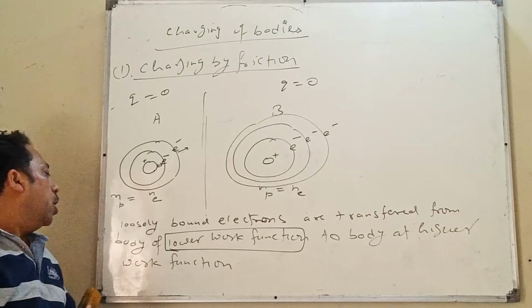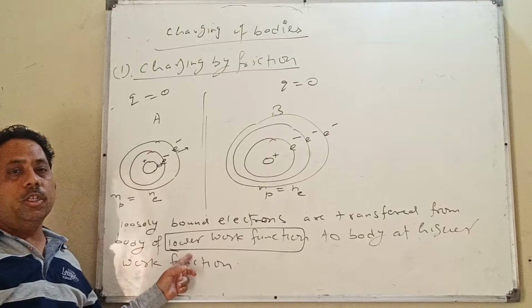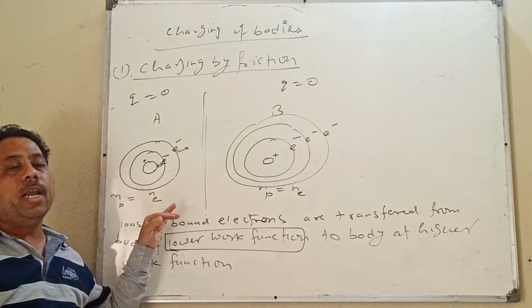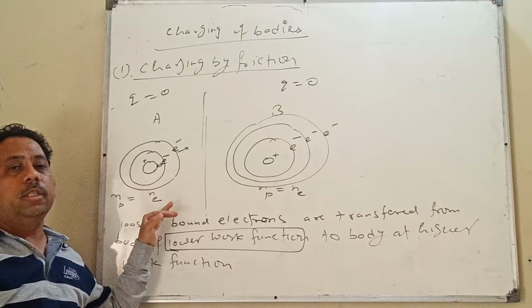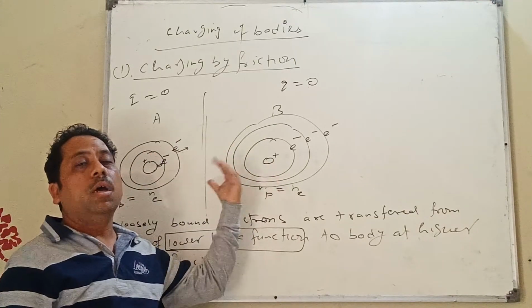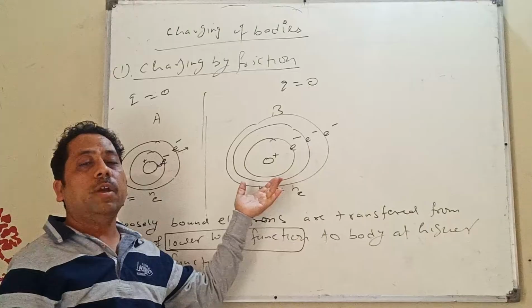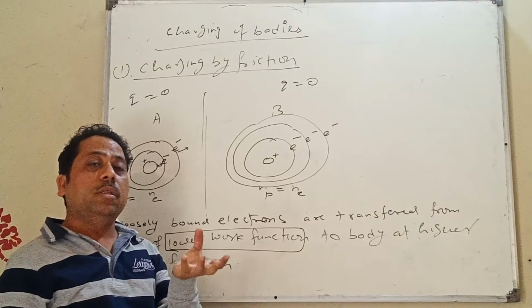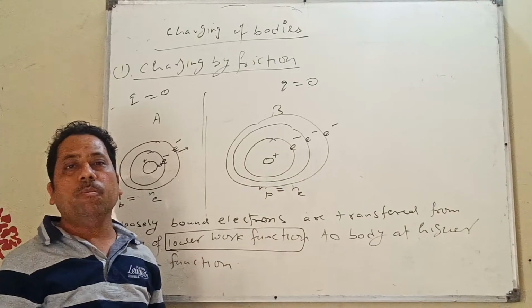So the body which is at lower work function, you can remove the electron from that body, and it will get transferred to the other body which is at higher work function, from which electrons are very difficult to remove.